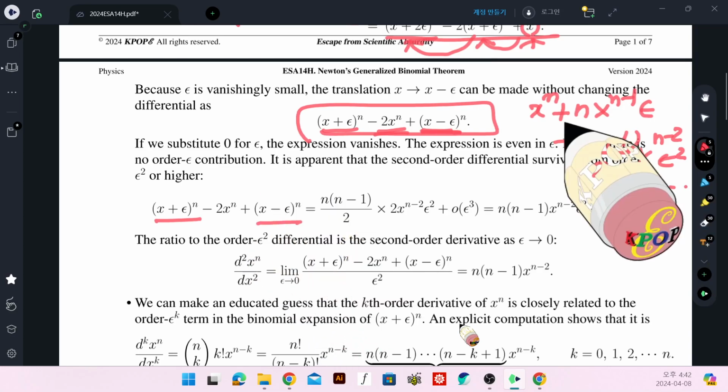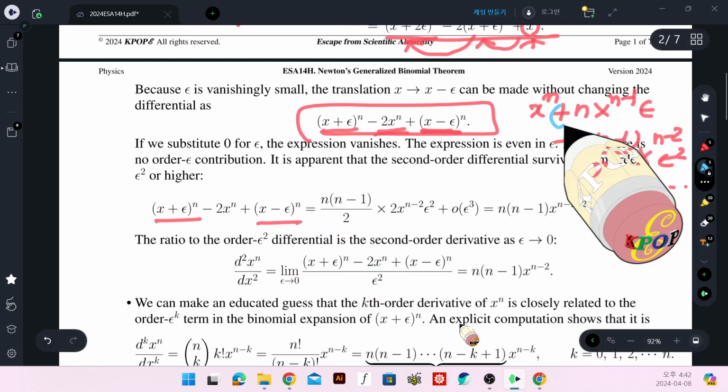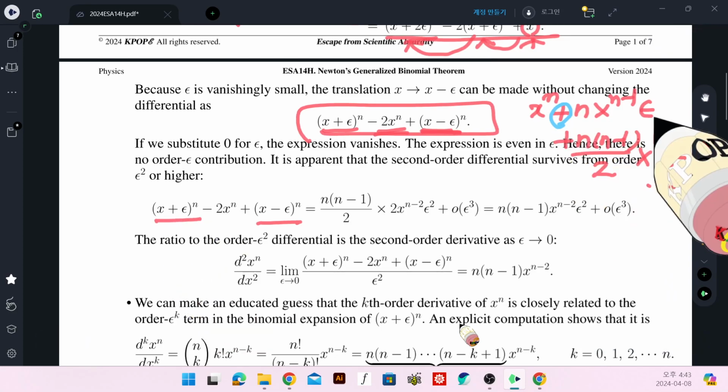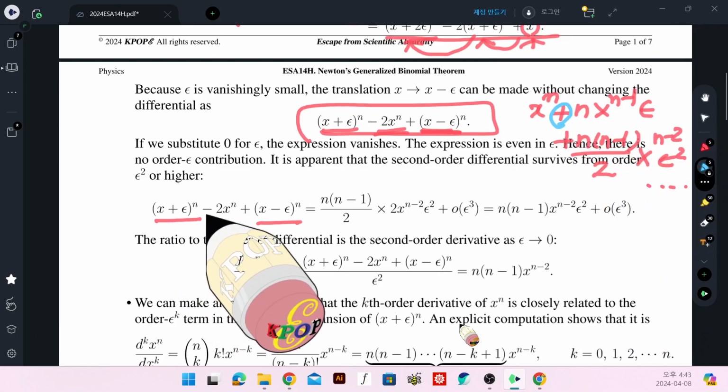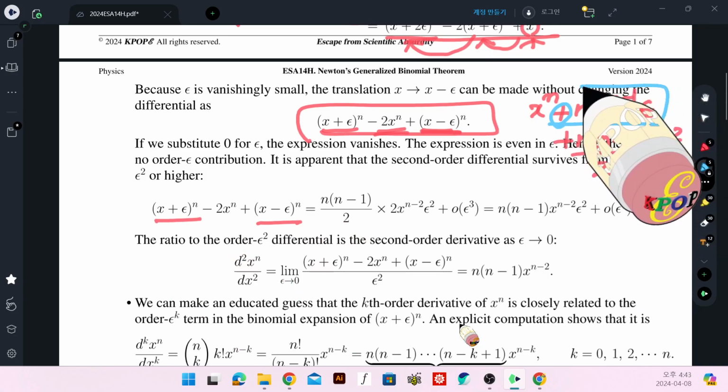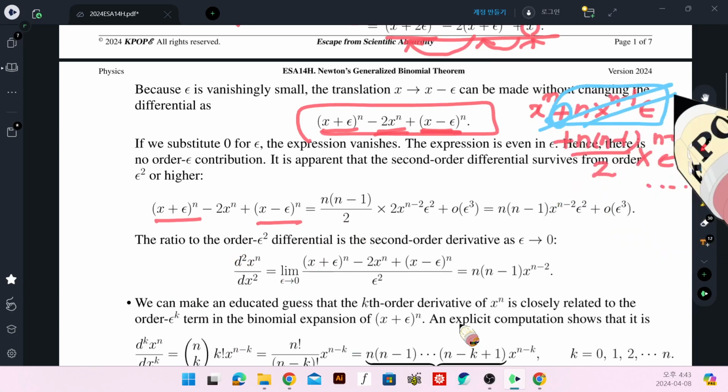This one has a negative sign on it. So the order epsilon term in here and there, they cancel exactly.